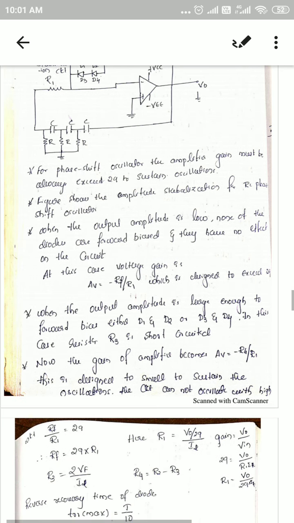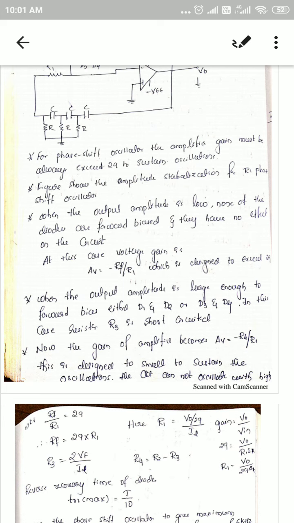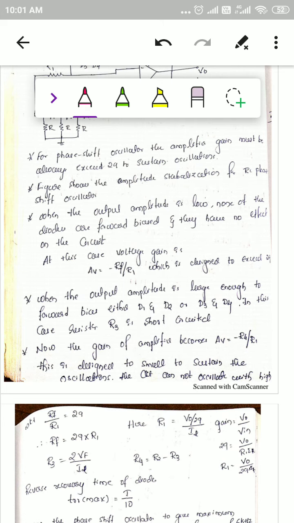In the second case, when the output of the amplifier is large, the output voltage V0 we are getting from the circuit is going to be large. In that case, the output voltage is sufficient to forward bias all the diodes D1, D2, D3, D4, etc., so that R3 is short circuited. So in that case, the gain of the amplifier is AV equal to R4 divided by R1.